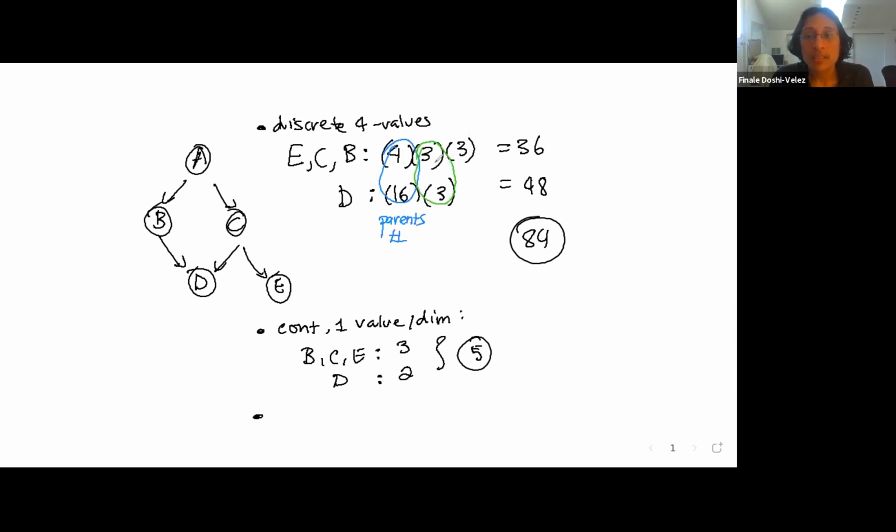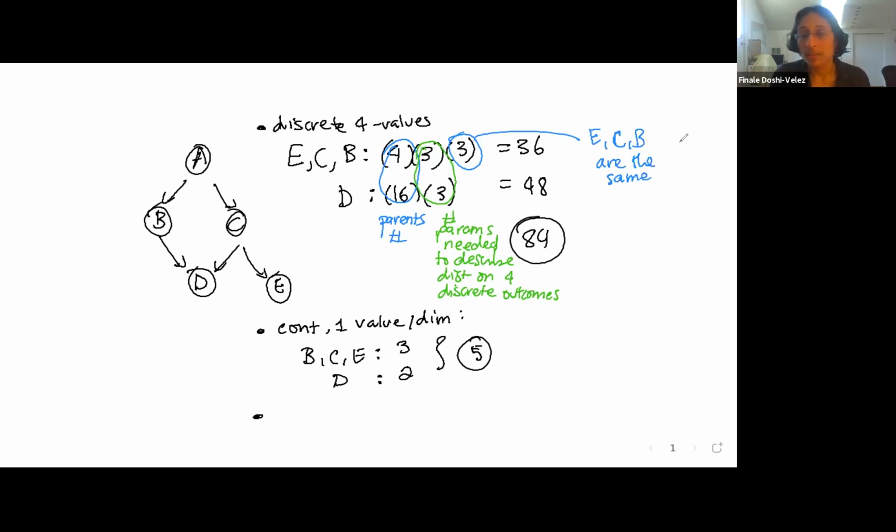And then these 3s over here are coming from the number of parameters needed to describe a distribution on 4 discrete outcomes. To describe a distribution on a 4-sided die, we need 3 parameters because the 4th parameter is just 1 minus the sum of the first 3. And this last 3 over here comes from the fact that E, C, and B are the same, so I'm just multiplying by 3 for each one of those 3.